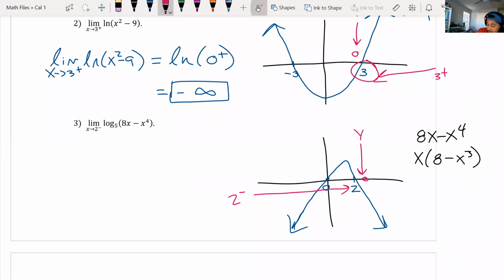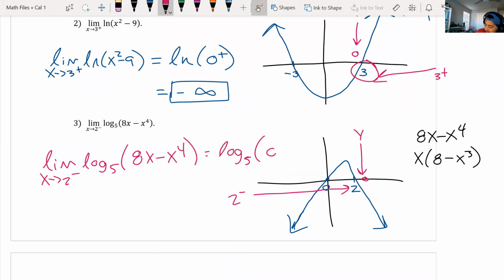Which means coming back to the limit, I would say the limit as x approaches 2 from the left of log base 5 of 8x minus x to the 4th becomes log base 5 of 0. But can we use 0? No, we have to say 0 from the right. And where's this limit going? Negative infinity. That's it.